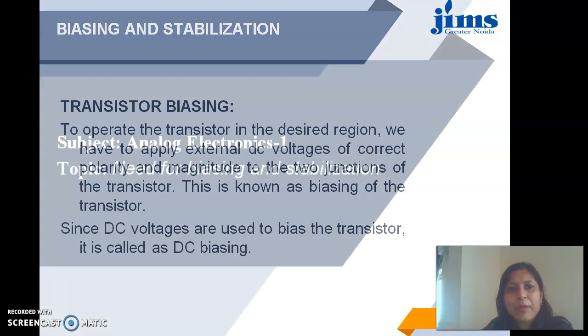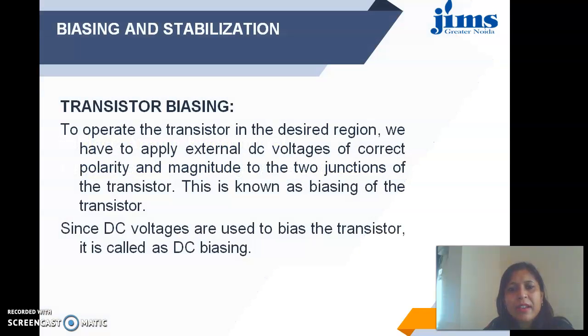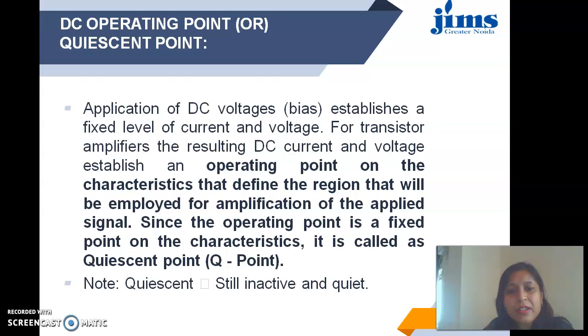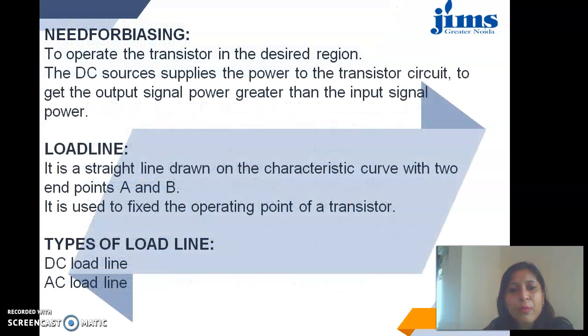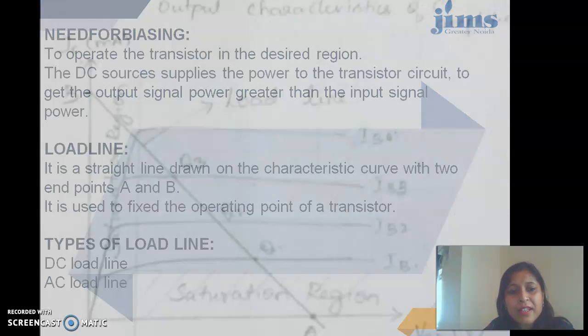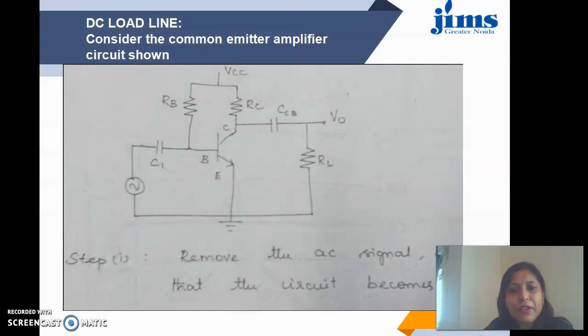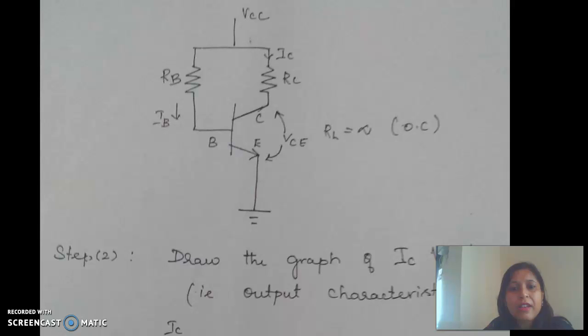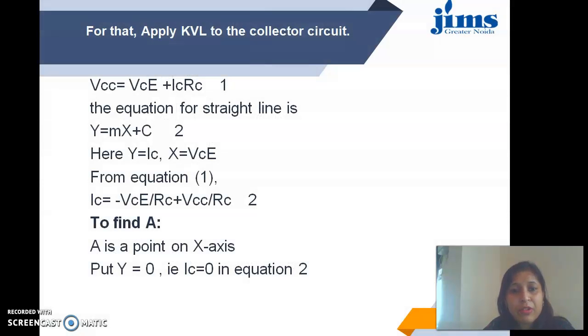Basically, transistor biasing is the requirement of applying a DC voltage to a transistor, and this DC voltage is applied so that the Q point is obtained at the middle of the load line. The load line can be drawn in two ways, AC and DC. To draw the load line, first we draw the circuit and remove the AC source, then we apply KVL at the output port and write the equation in the form of y equals mx plus c.